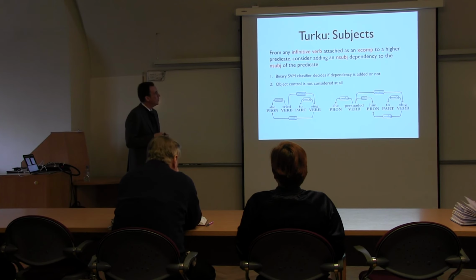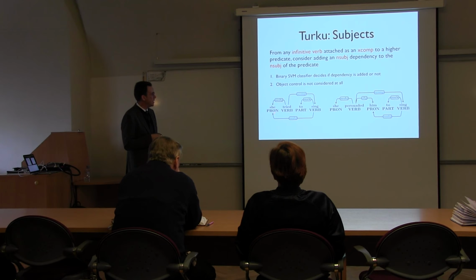So in the case of added subjects, first of all, they only handle the special case of infinitive verbs, and they don't try to even consider object control. All they do is that for any XCOMP that is attached to a higher predicate, they consider as a candidate dependency to add a subject dependency to the subject of the higher predicate.